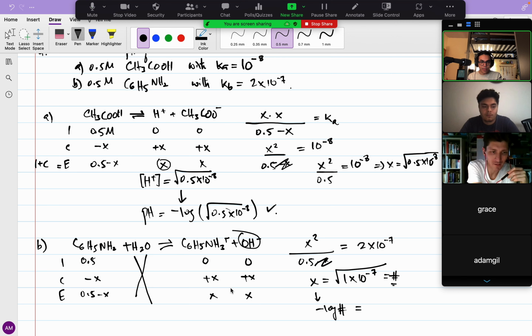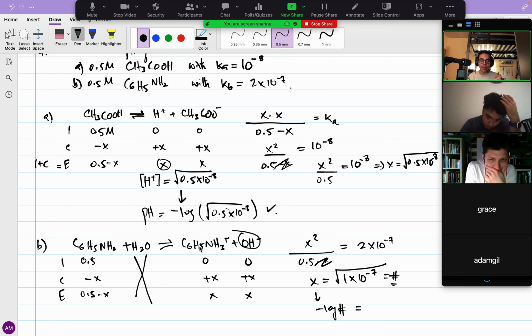I thought it represented the amount of... what is that compound? C6H5NH2. Yeah, that too. But we're always only interested in either H plus or OH minus. Right? If you have your H plus value, you get pH.